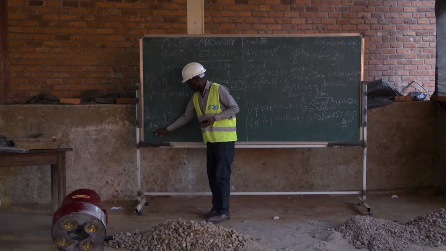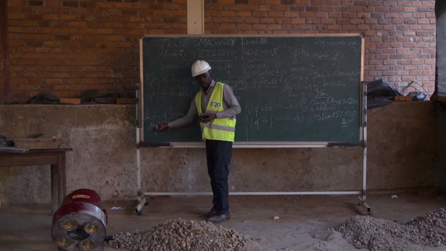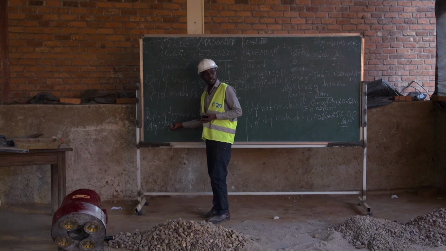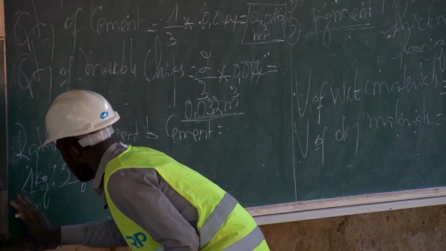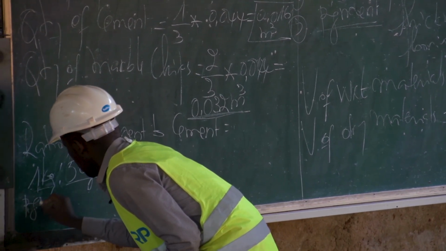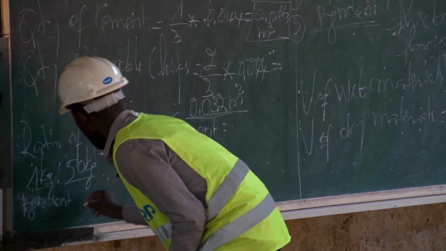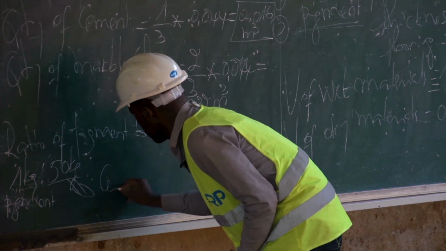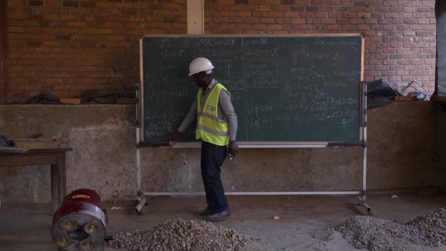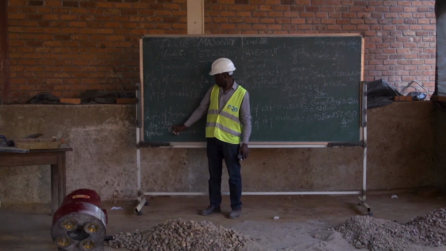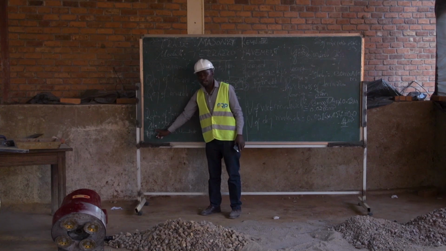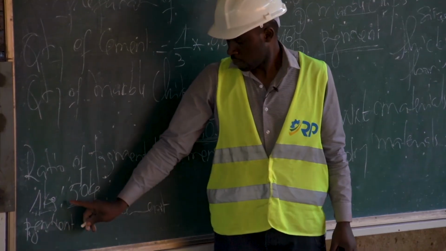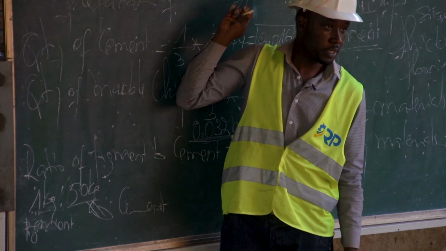This means the quantity of pigment and the quantity of cement. This is the pigment, this is the cement. Which means in 1 bag of cement, we will need 1 kilogram of pigment.